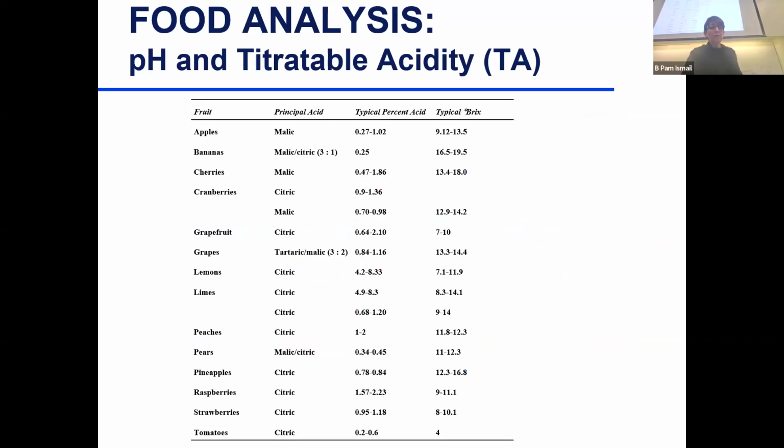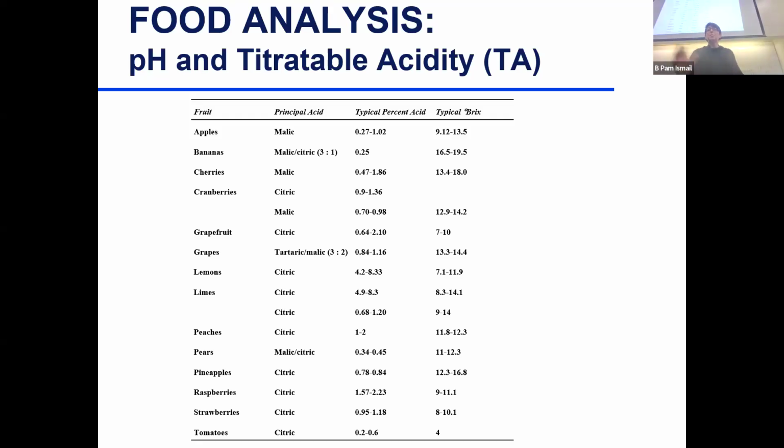Okay, and this is FYI, so you have to know that organic acid percentages are usually low in the different foods. From the highest here you can see lemons and limes have the highest acidity, but mostly everything is almost one or under.